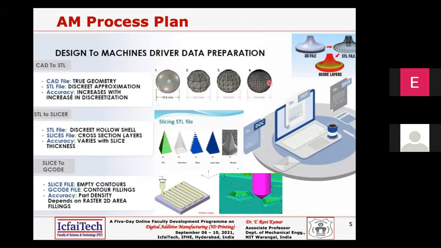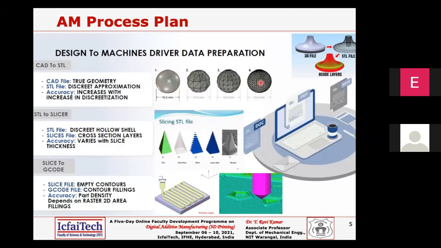Why do you want to check for the best resolution? As we know, this is a technology of garbage in and garbage out. If you are not giving a healthy file or an accurate file or a more precise file to the machine, you are going to get only garbage out, whatever you send, you are going to get from the machine.